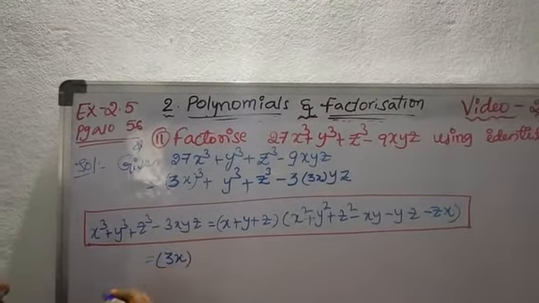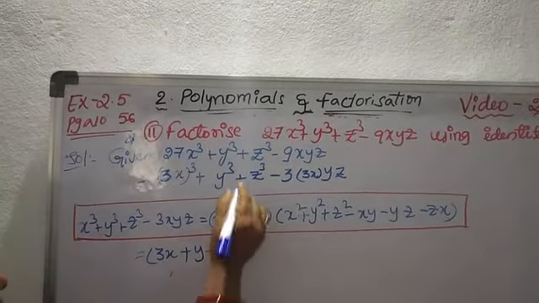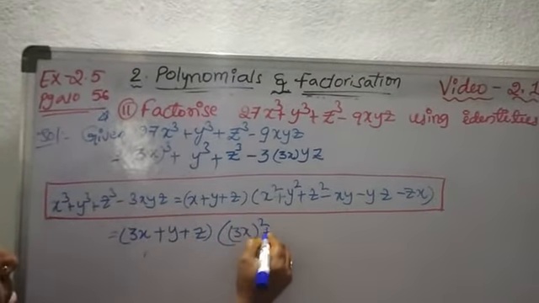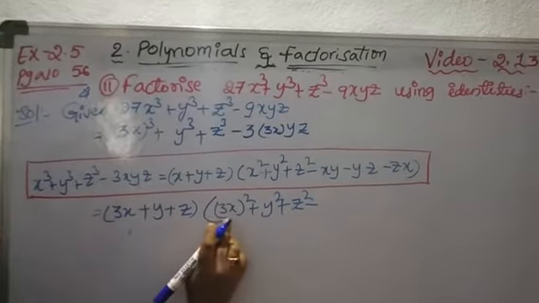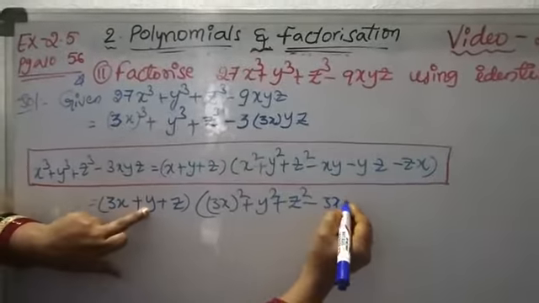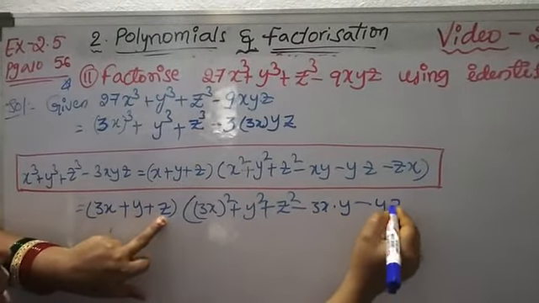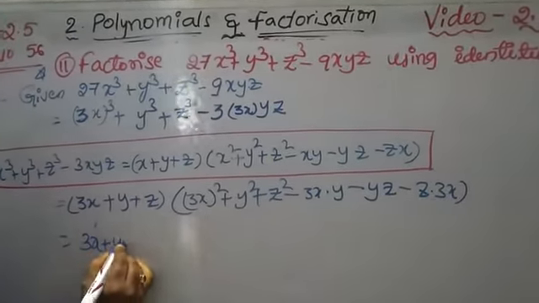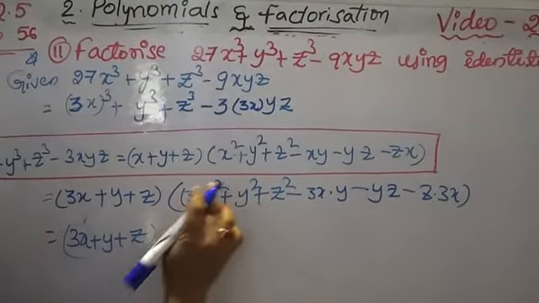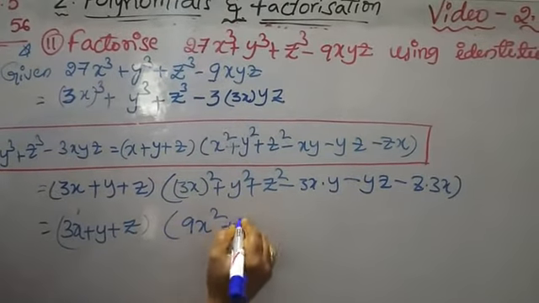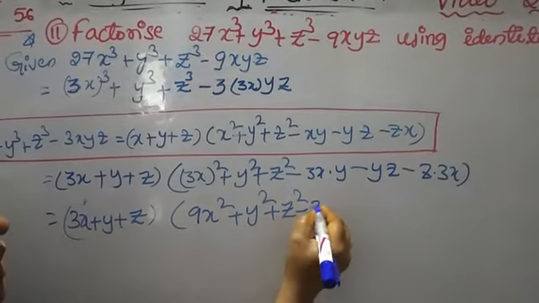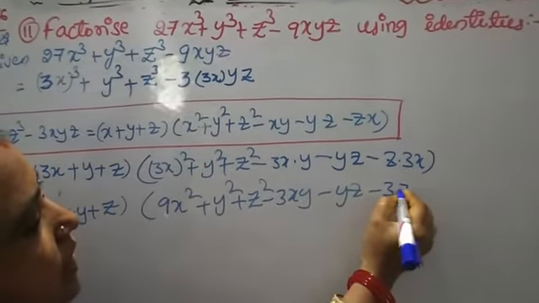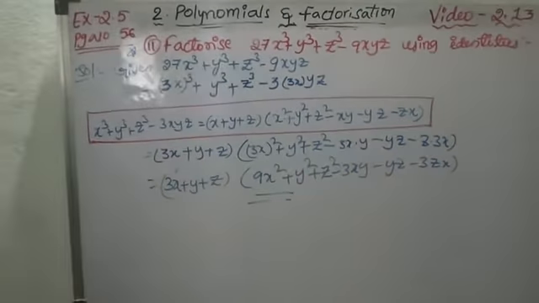In the place of x we have 3x plus y plus z, into x square, in the place of x we have 3x whole square plus y square plus z square minus x y, means 3x into y, minus y into z, minus z into x, is equal to 3x plus y plus z into 3x whole square, 3 square, 3 3s are 9, x square plus y square plus z square minus 3x into y minus yz minus, the constant number right in the starting, and remaining is zx. So this is also very important in this chapter.